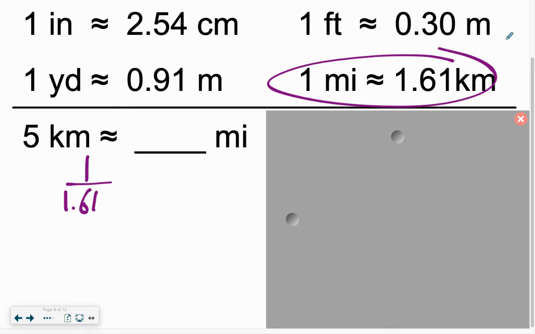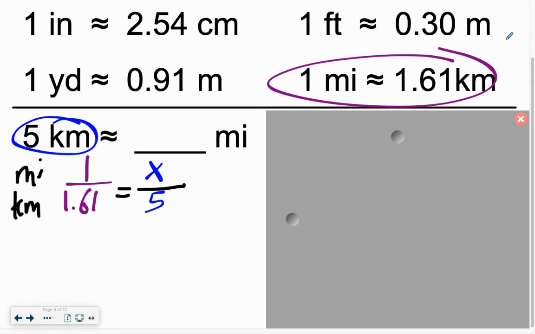If you'd like to, you are welcome to write down the labels on the left, miles with the 1, and kilometers on the 1.61. You don't have to do that, but it is very helpful because then when we're trying to figure out where do we put this 5 kilometers, it needs to match the labels. Since the 5 is on the bottom, please put it there.